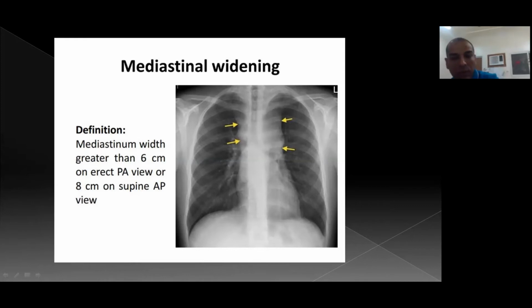It was not diagnosed in the beginning as a mediastinal mass. It was missed, but on follow-up we picked it up and identified later on that we have a mediastinal mass. So a mediastinal mass is one of the most important points to be diagnosed in the chest X-ray.